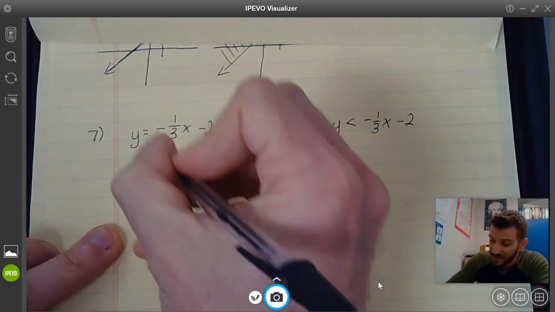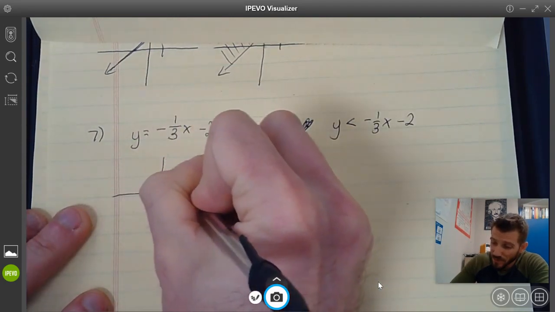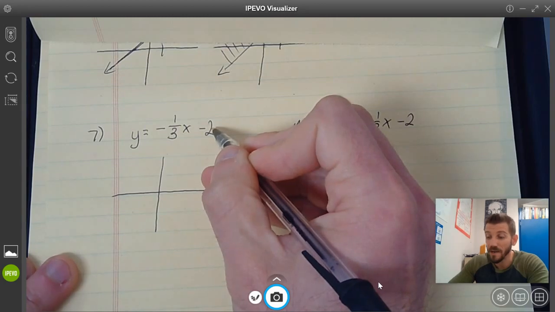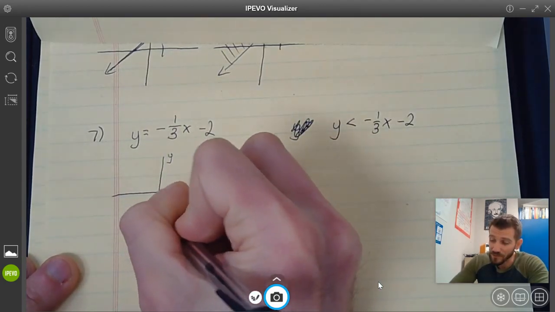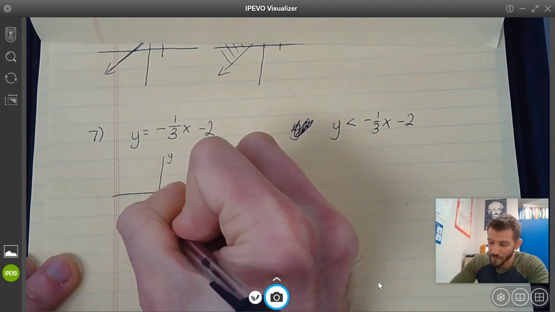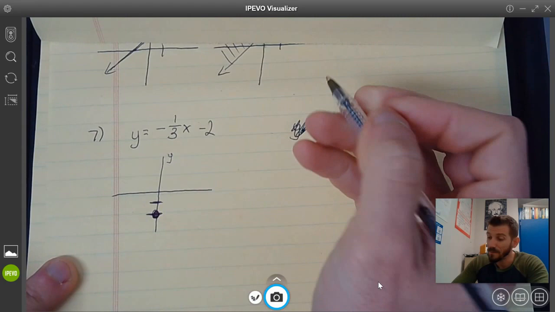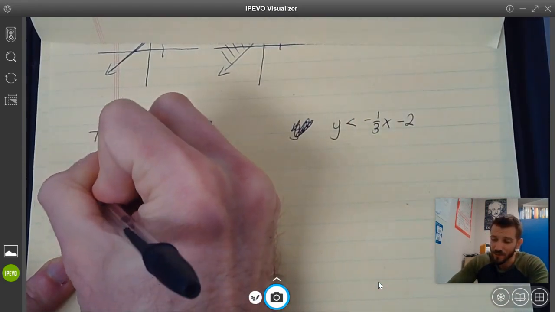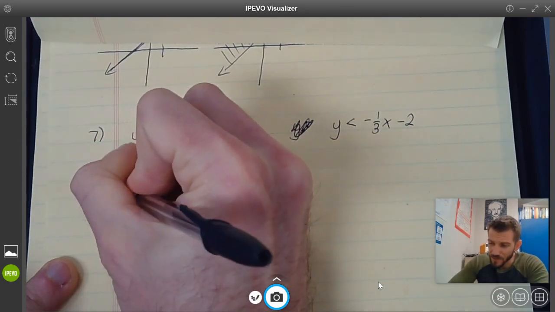The very first step to graph this is I have to start at -2 on my y-axis. So -1, -2. There it is. I know this is my slope. It's -1/3. It might help you if you just write the slope as -1 over 3, which is your rise over run.